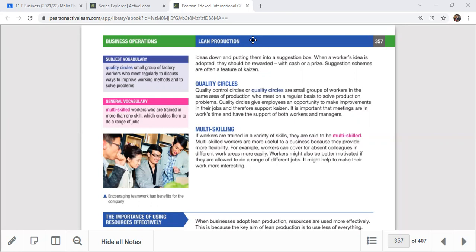It is mandatory to have a departmental meeting, and they can talk about their ideas, their improvement methods, the ideas they can generate, and the opportunity to make improvements in their jobs. Therefore, it supports Kaizen. It is important that the meetings are in the work style and support both workers and managers. So the quality circle is also similar to a suggestion scheme.